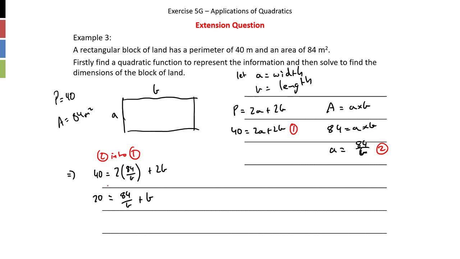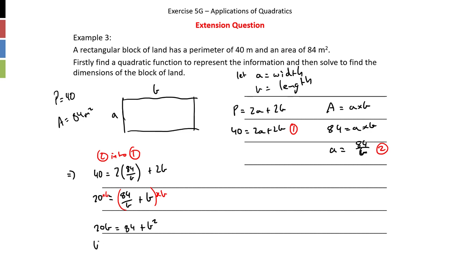What I'm going to do is multiply both sides by b. And when I do that, I get 20b equals b on top with b on the bottom cancels, 84, and b squared.